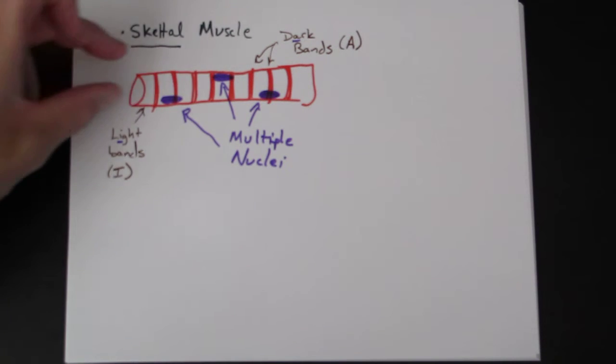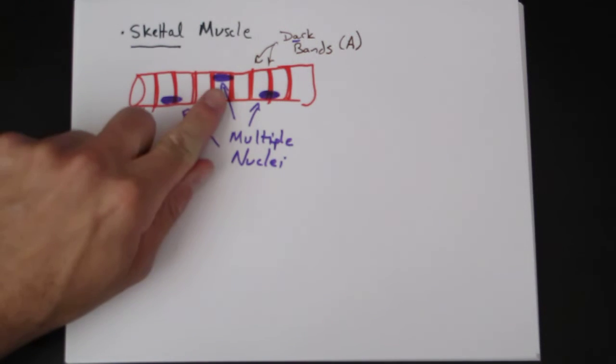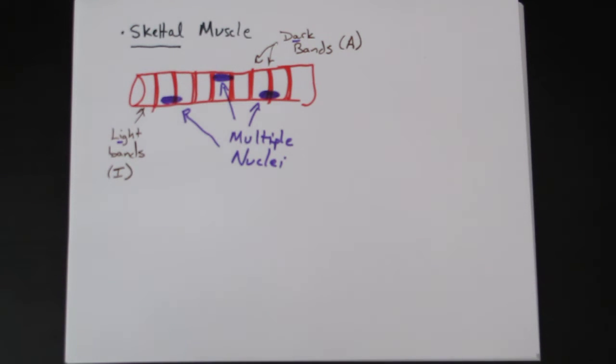So along the length of this cylindrical cell, we have multiple nuclei. Now, the nuclei typically are very obvious when you look at these under the microscope because they have been pushed towards the plasma membrane.